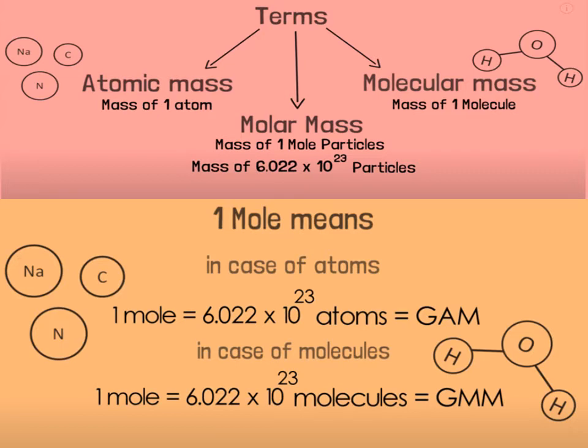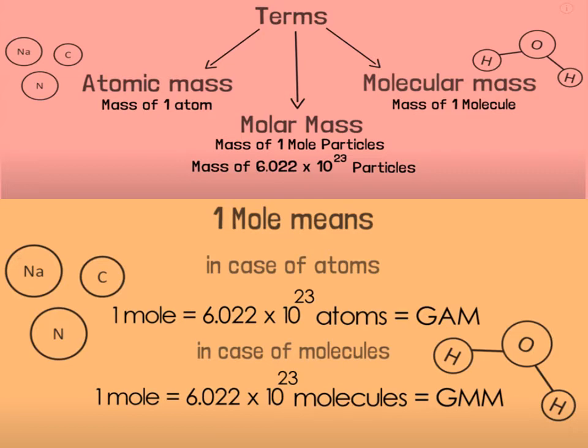The mass of one mole of particles has been formulated as 6.022 into 10 to the power 23 particles, and this is fixed for all mole particles of atoms and molecules.